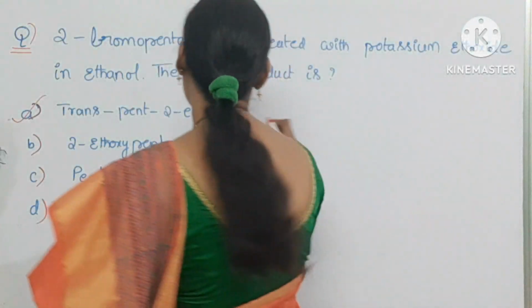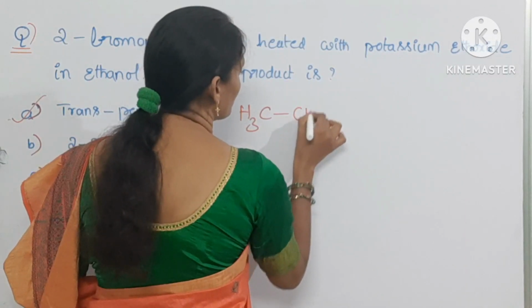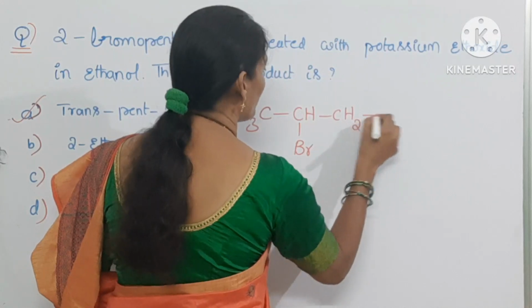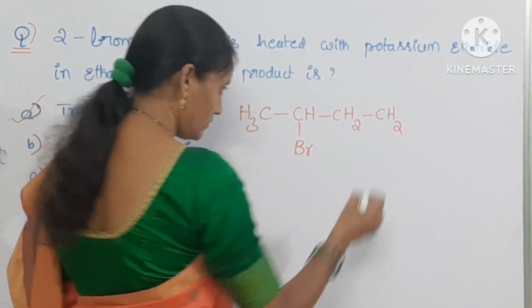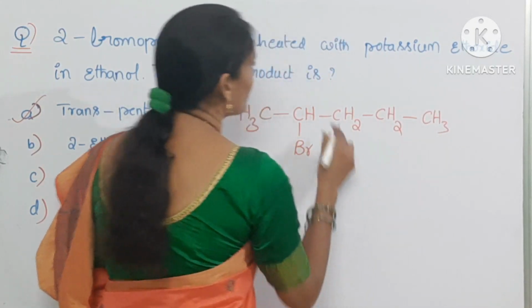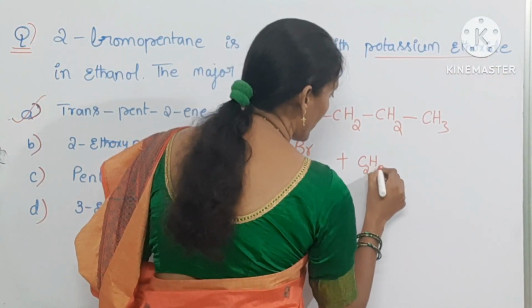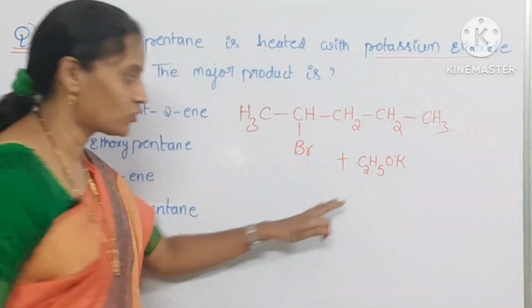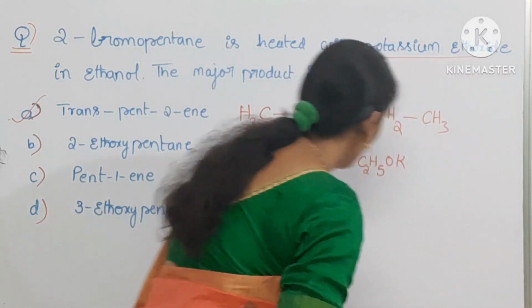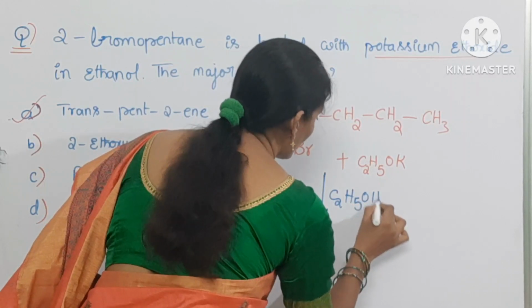See that reaction. 2-bromopentane, you can take as CH3 CHBr CH2 CH2 CH3, plus potassium ethoxide, C2H5OK, in the presence of ethanol, C2H5OH.